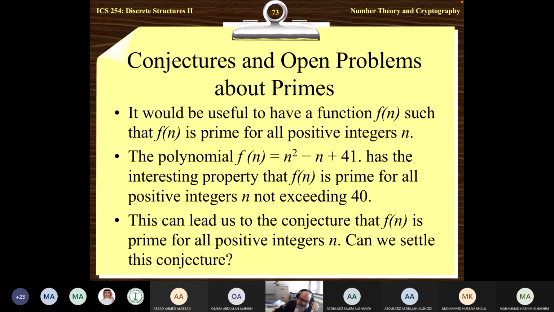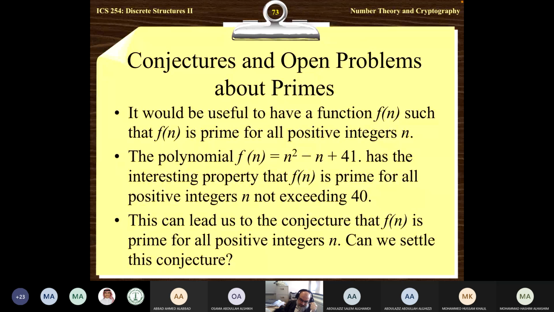For example, look at the polynomial f of n equals n squared minus n plus 41. Now, this polynomial has the interesting property that f of n is prime for all positive integers n not exceeding 40. Okay?